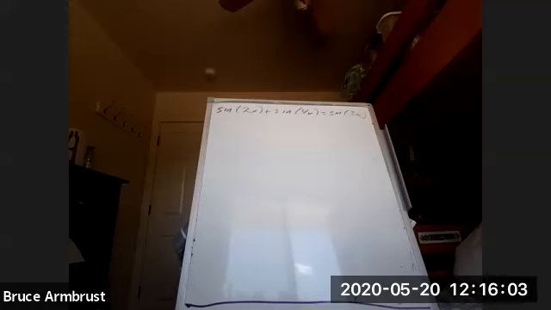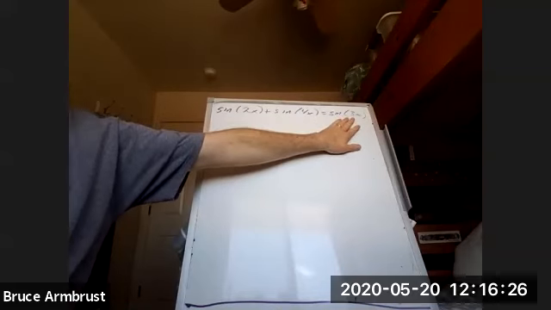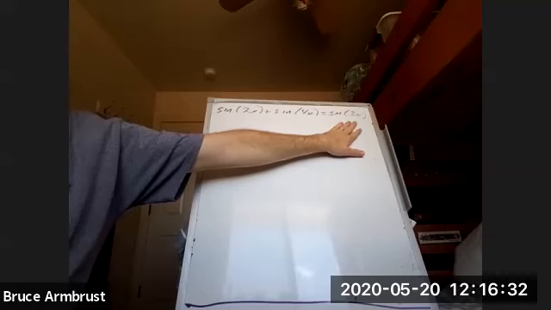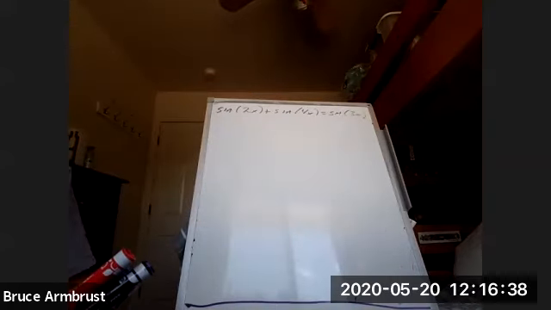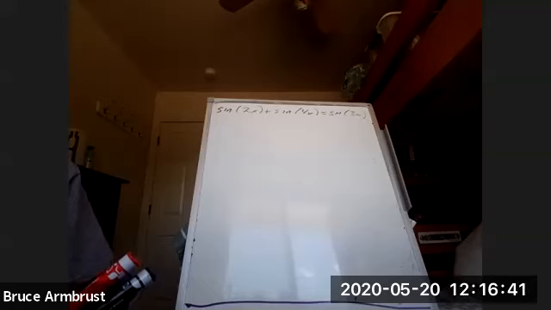What else could we do? There's only one more that would actually be reasonable to do, and that would be a sum or difference of angles. Like look at the sine of 3x. We could make that say 2x plus x or 4x minus x or something like that. But I'm going to suggest we try sum to product. Let's just see what happens if we do sum to product on this left-hand side.